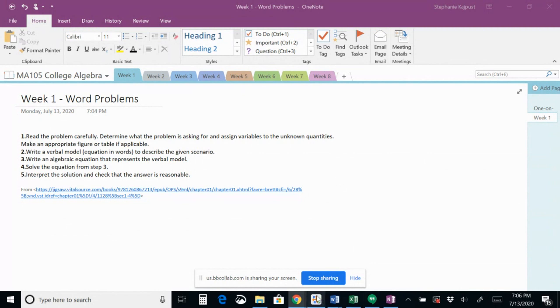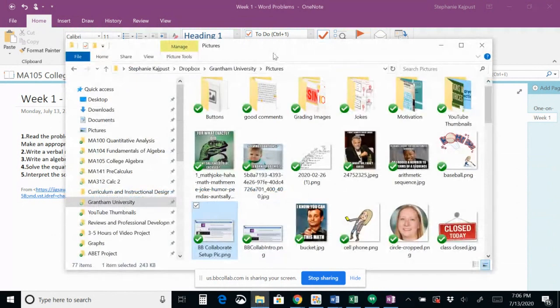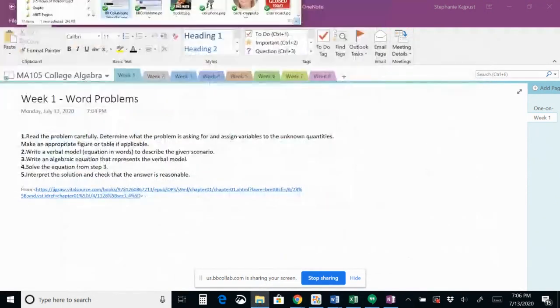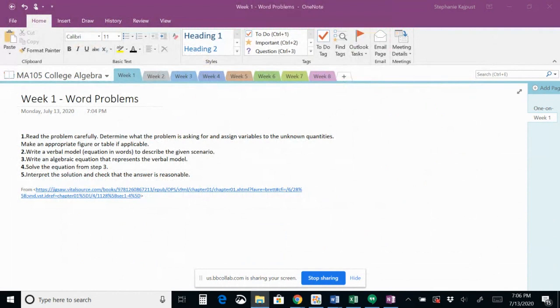And I have, let me just find this and then paste it in this document. And I will share this document tomorrow. But I have a document with common phrases and what they mean in the English words and then how they translate into mathematics. So I am going to copy this whole thing into here.